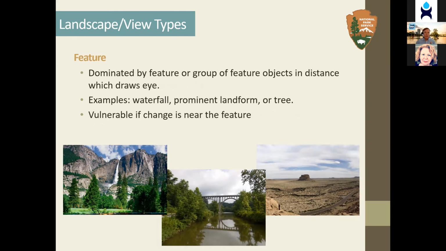It can be a cultural feature, like in the photo on the right, a significant cultural view near Chaco National Historical Park. It doesn't have to be a named feature, but oftentimes they are. There's a reason, a focal point, a thing that you're going to be looking at, and that's generally the purpose of having a view in a certain spot.